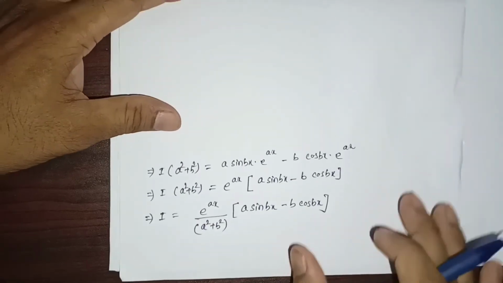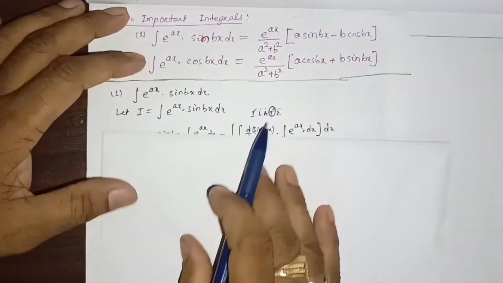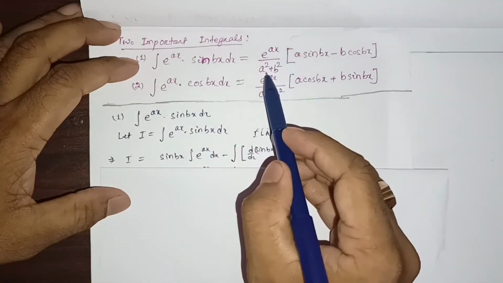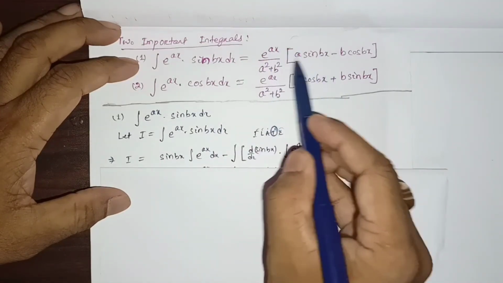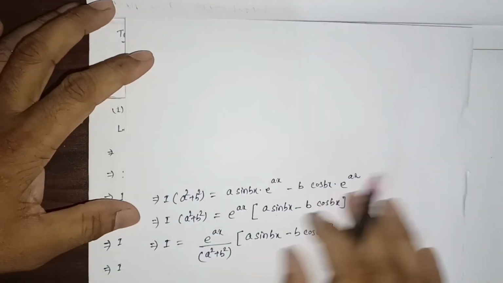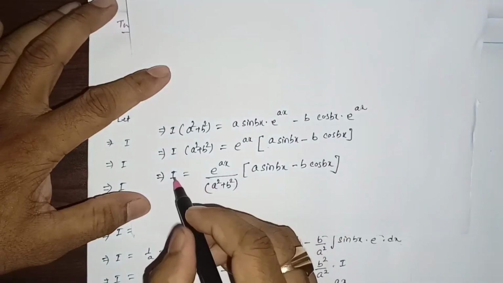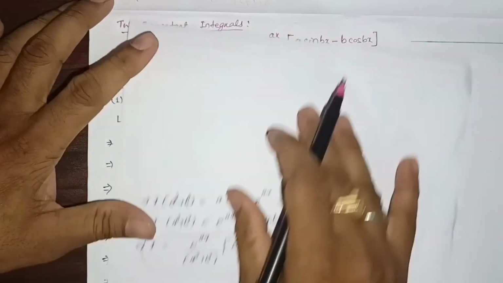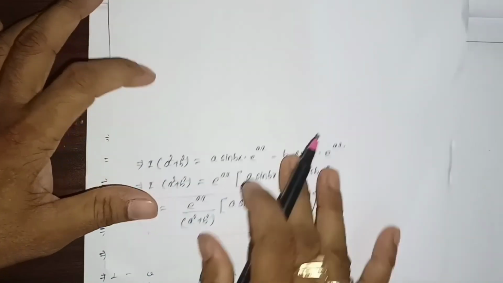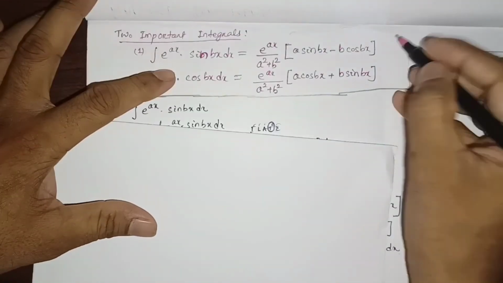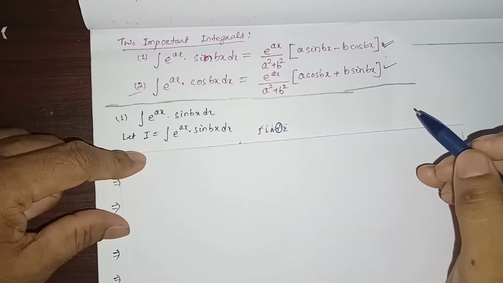So what we intend to prove is that the integral of e to the power ax sin bx dx will be e to the power ax by a square plus b square into a sin bx minus b cos bx, and that we found here.